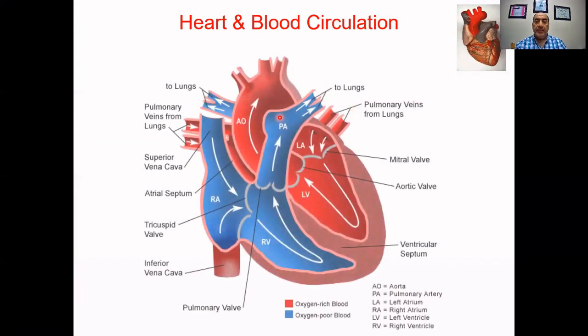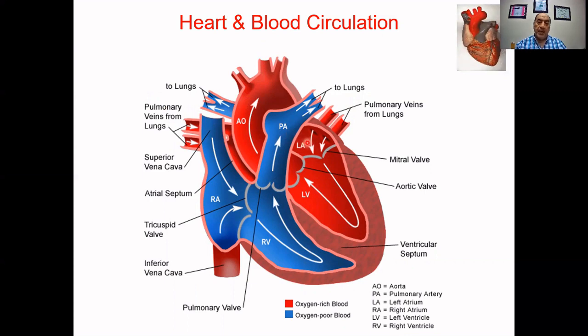So in the beginning, let me remind you, the heart collects blood from all tissues through the inferior vena cava and superior vena cava to the right atrium, which pushes the blood to the right ventricle, and then the right ventricle will push the blood through the pulmonary arteries to the lung, and the blood will be oxygenated in the lung and comes back through the pulmonary veins to the left atrium.